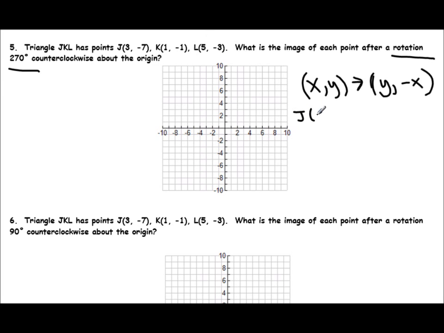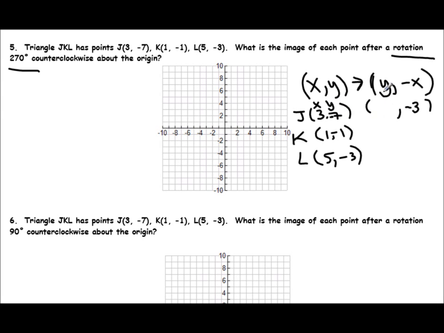So we take all these coordinates, J, which is 3, negative 7, K, which is 1, negative 1, L, which is 5, negative 3, and we take the x value, put it in the y value's position but negative, so this will become negative 3.